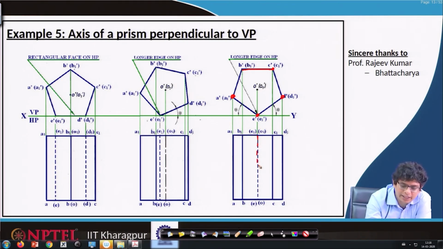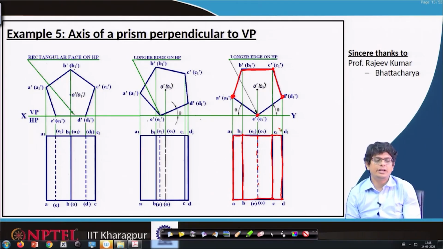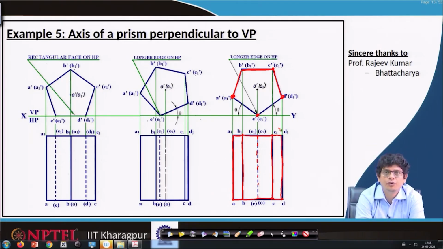So, an invisible line is a dashed line, and this entire surface we will see as a filled surface. Similarly, this entire surface we will see as another filled object, and this one as a filled object, so a continuous line. This is the way a prism will have projections.